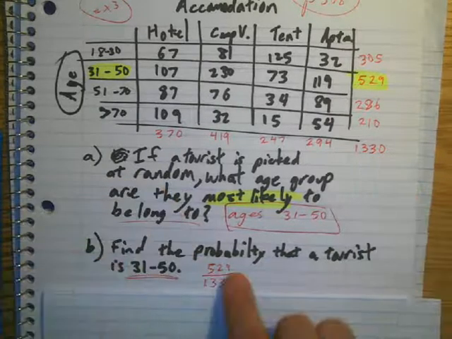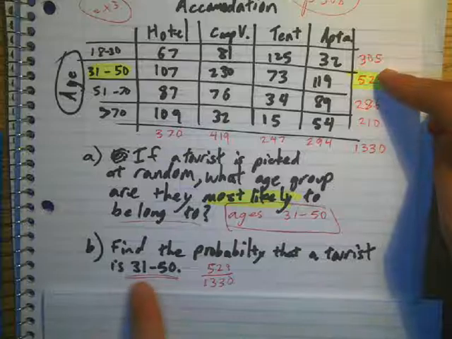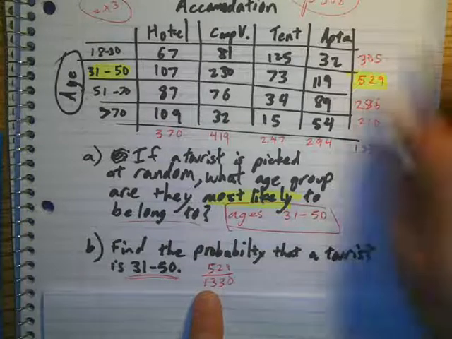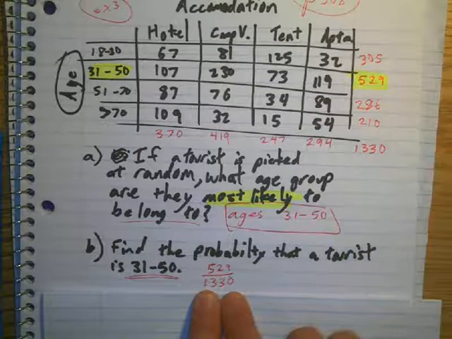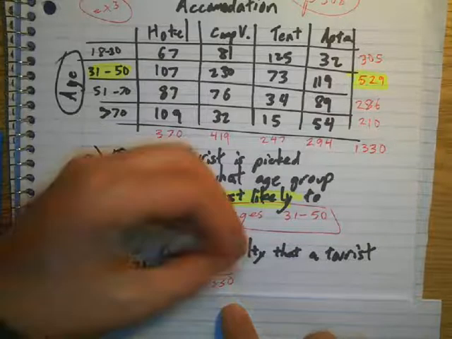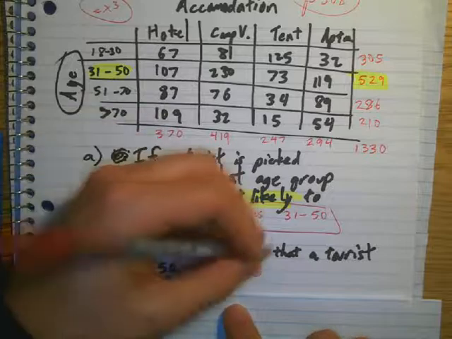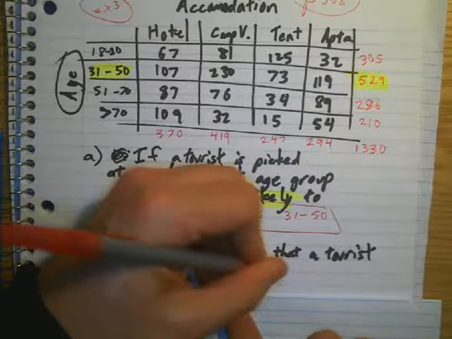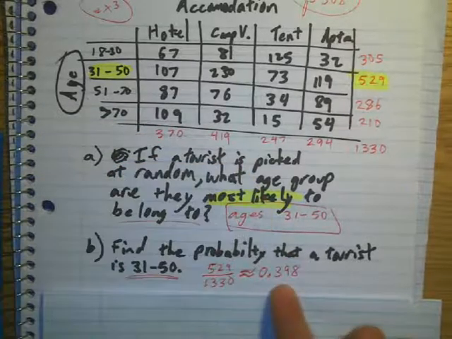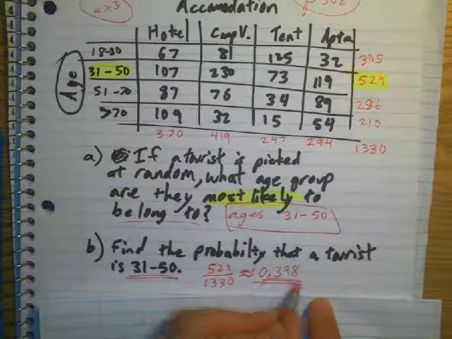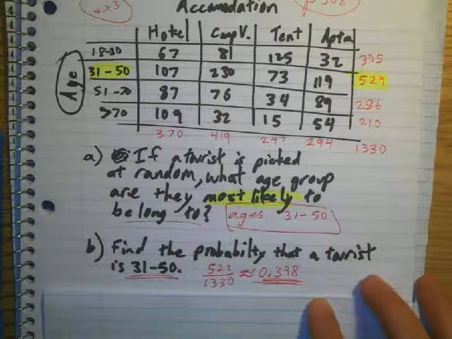So if I take the number of people of this age group divided by the total number of tourists in the town, we do this divided by this, and we get approximately 0.398. Remember, 3 significant figures, that's what we want to have our answers in.